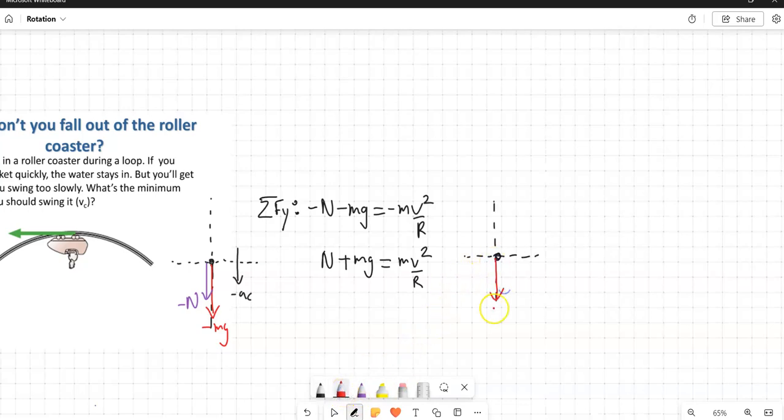So that mg is acting on it like it always does, but this time the normal force, basically the roller coaster just barely makes it over. So we could actually say this: the normal force at that instant doesn't exist. Now they're not going to fall off it. They're going to continue moving to the left, right?